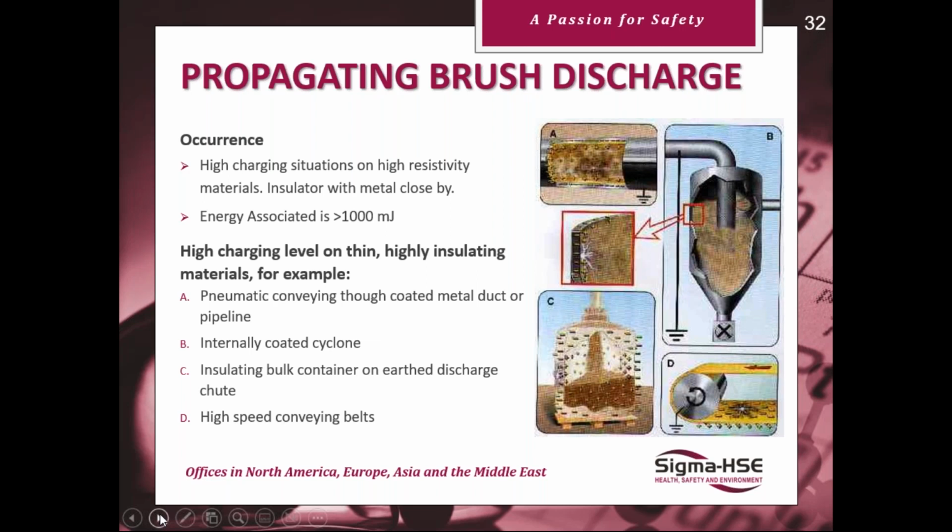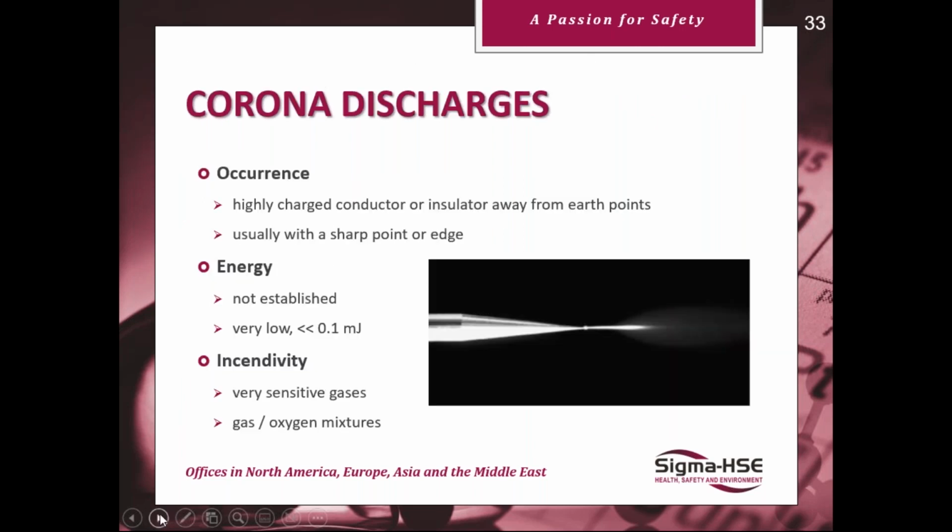Very powerful things. Corona discharges, not really worried about these too much, but they're basically on sharp points. Corona is what you hear when you walk past pylons and you look up and you hear this hissing noise. That's often corona discharge.